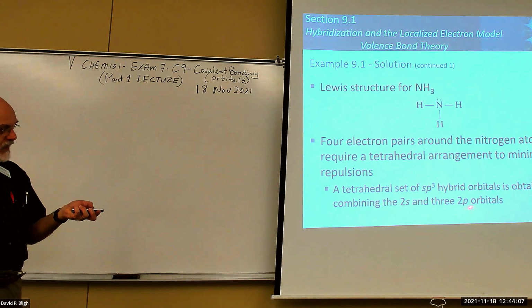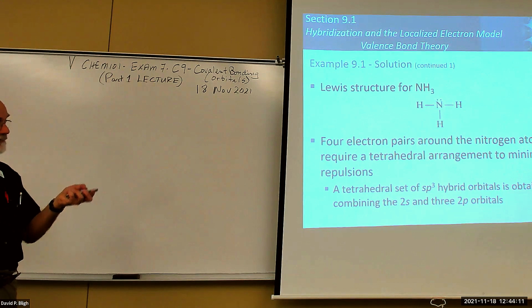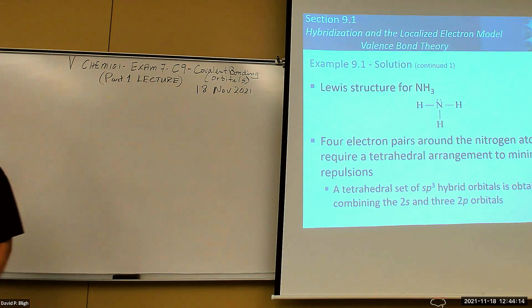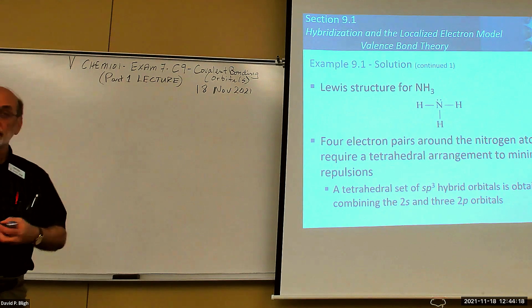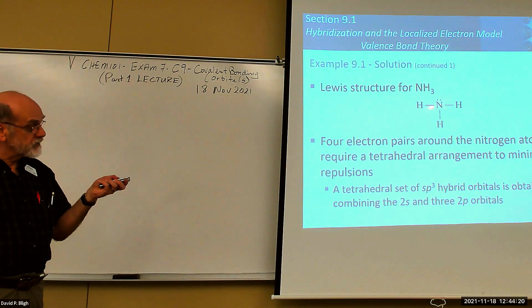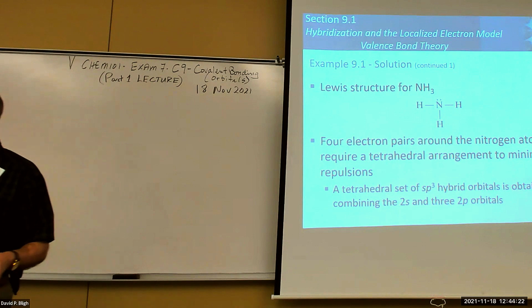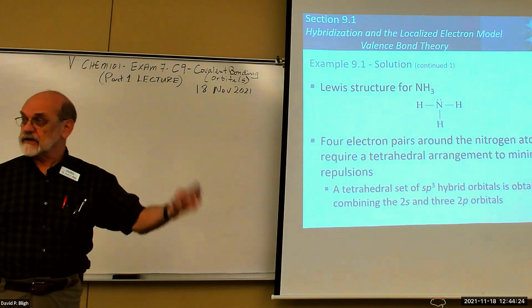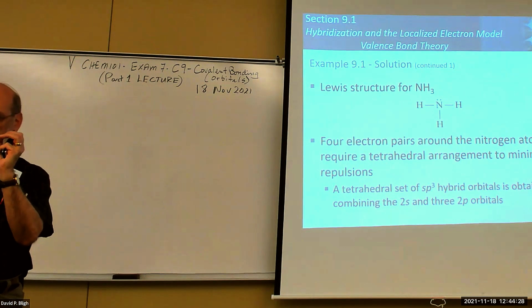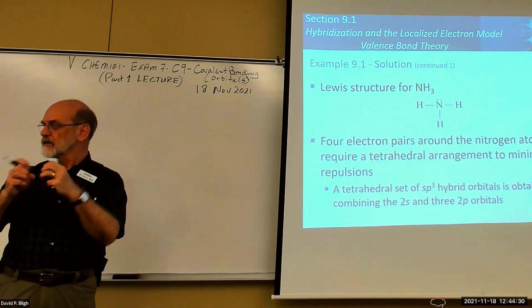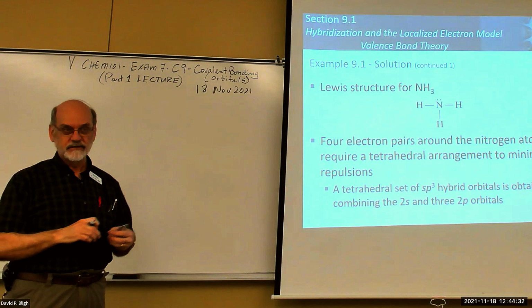The 2s and the 2p's hybridize together from nitrogen. Hydrogen doesn't have to hybridize, doesn't need to. Sometimes, if this is paired with, say, another nitrogen, then that other nitrogen might have to hybridize also. So we're still talking about the central atom. Even there might be several central atoms in the whole molecule.